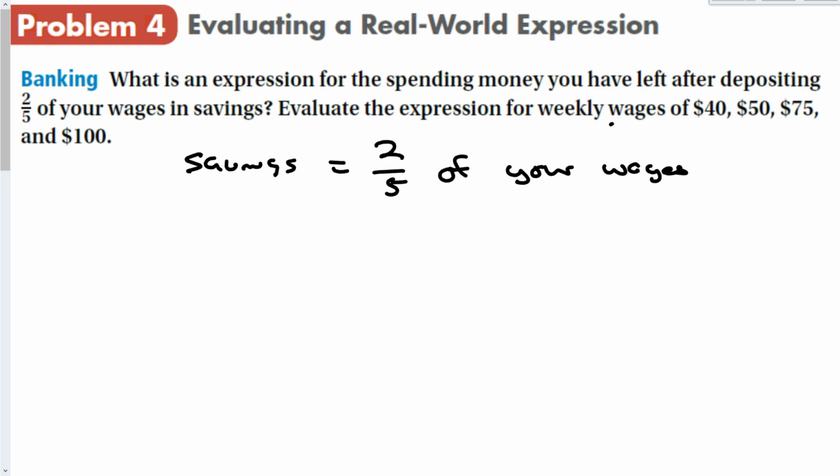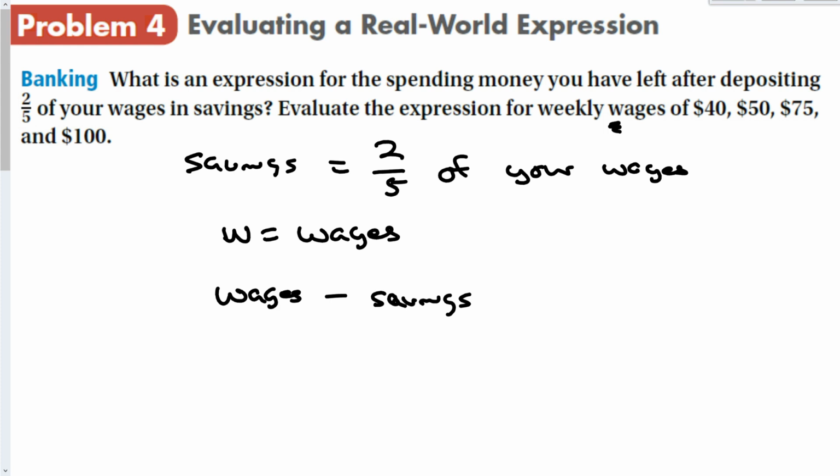So let's use, because we're going to talk about wages, let's use my variable as W. So let's say W is equal to wages. All right, so now we're going to make an algebraic expression. So my spending money, all right, is going to equal my wages minus the part that I put into saving.